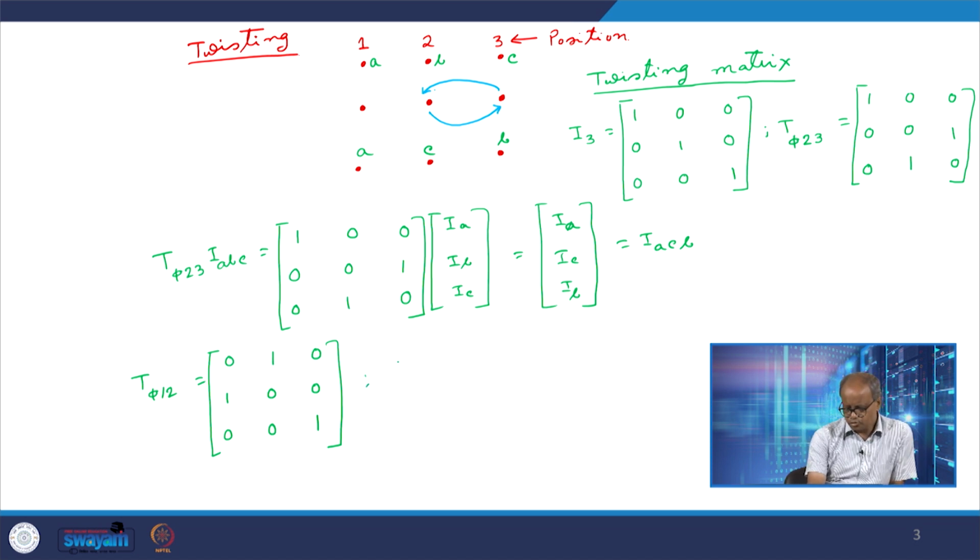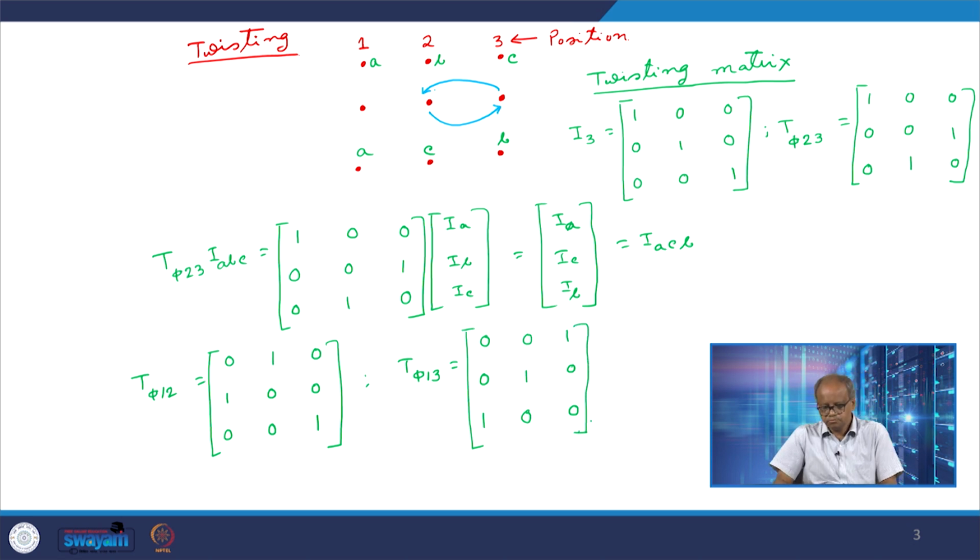Similarly, T_φ13 would be columns 1 and 3 interchanging their positions. So the original third column will come to the first position: 0 0 1, then 0 1 0, and then 1 0 0.